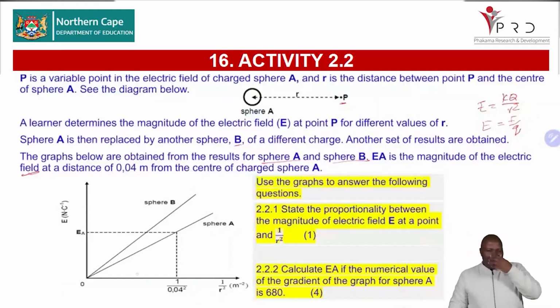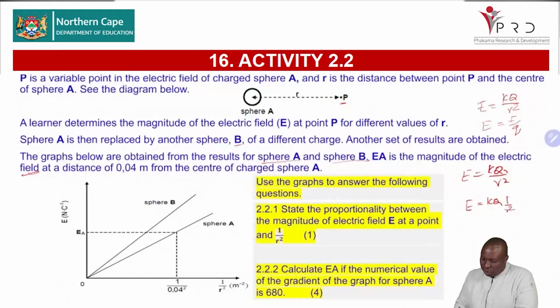So now, it's important for you to look here and say, okay, we have E equals KQ over R squared. The graph is E, we are having KQ, but on the x-axis you are having 1 over R squared, which is your 1 over 0.04.